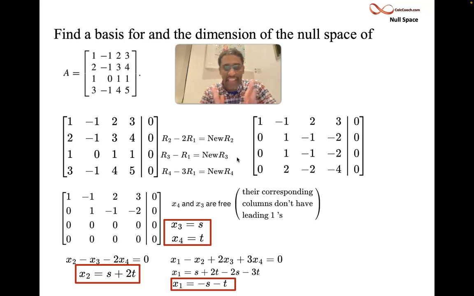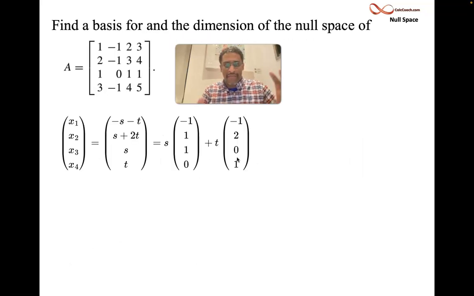Collect this nicely in a vector, and then break that vector apart. Now we turn on one parameter, have it be 1, and turn off the other parameter and have it be 0. If S is 1 and T is 0, you'll have -1, 1, 1, 0. While the other way, if S is 0 and T is 1, you'll have -1, 2, 0, 1.